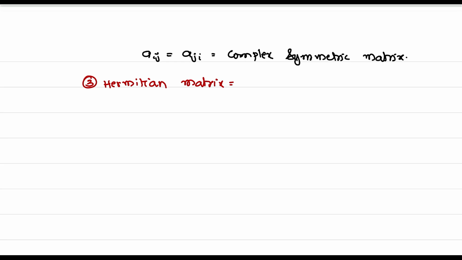What is that Hermitian matrix? The transpose of the conjugate is equal to A. A is equal to conjugate transpose, which I have discussed in the previous lectures in detail.